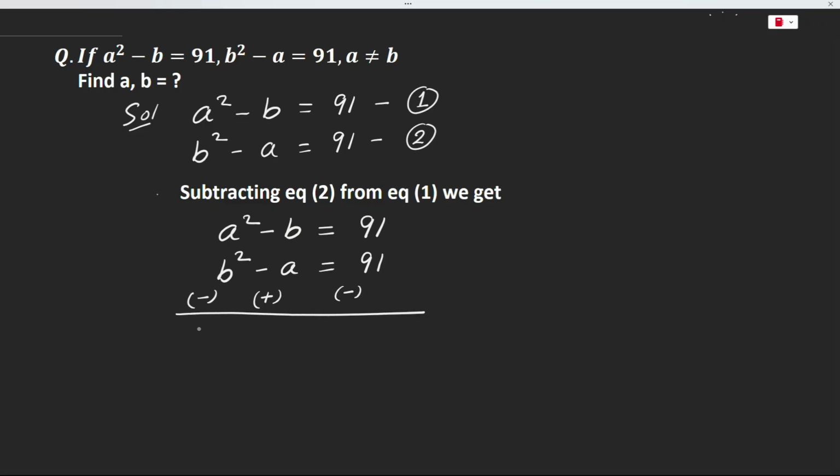This equals a square minus b square plus a minus b equals 91 minus 91, which is 0. This equals a square minus b square plus a minus b equals 0.